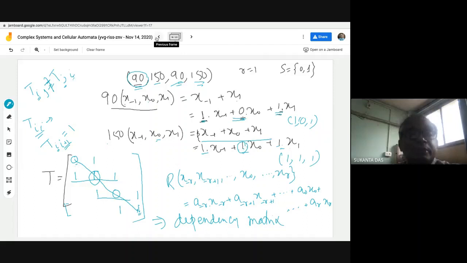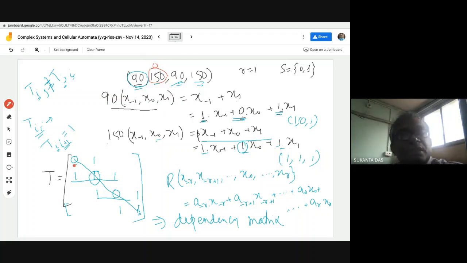Let me use a different color. Just a trivial example. Suppose here you use the rule 0, 90, 150.